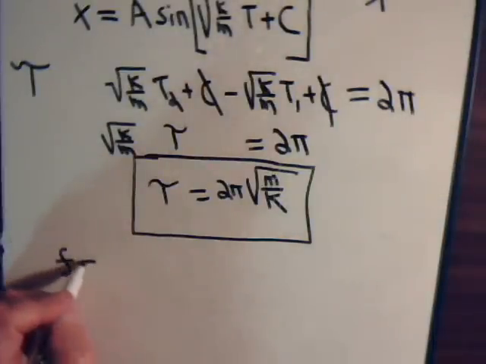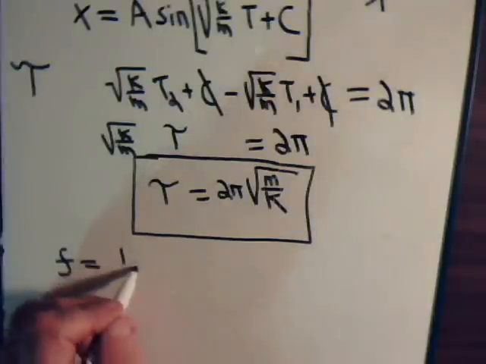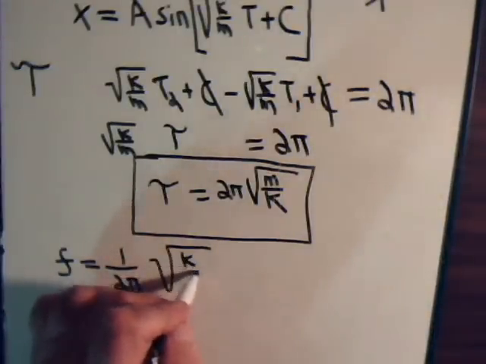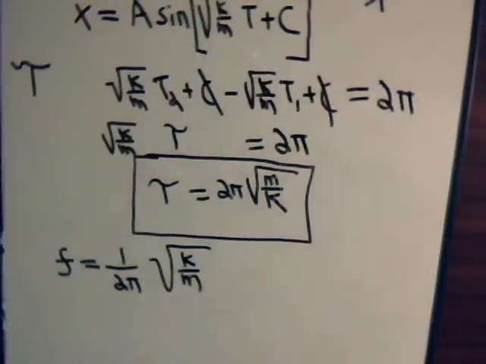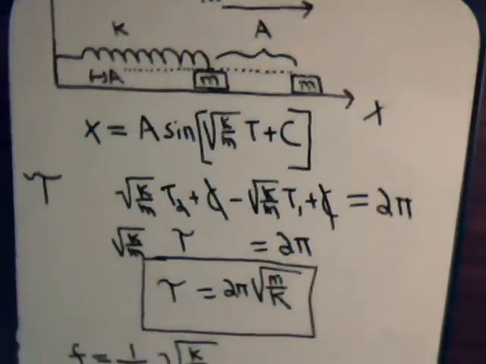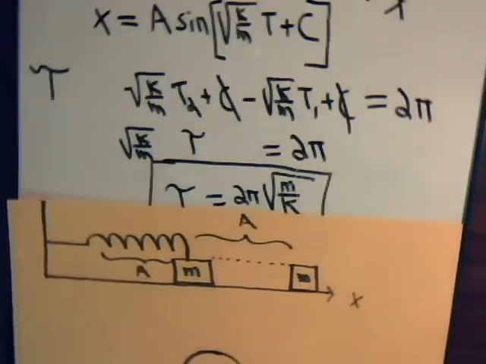So f equals 1 over 2 pi times the square root of k over m. So that's the frequency of the block going back and forth, how many cycles there are per second, or whatever our unit of time is, right here. Now, we can gain some more insight into our system if we consider it like this.